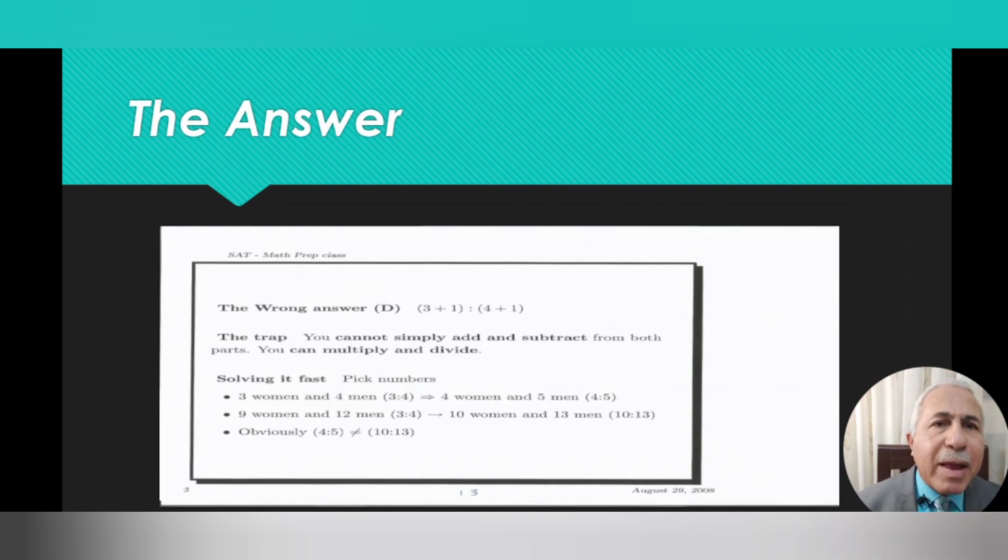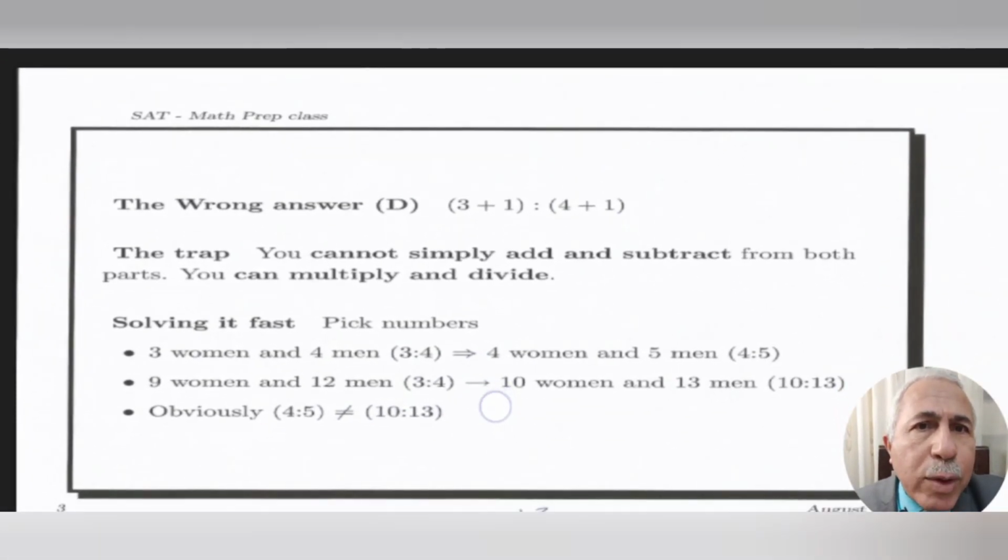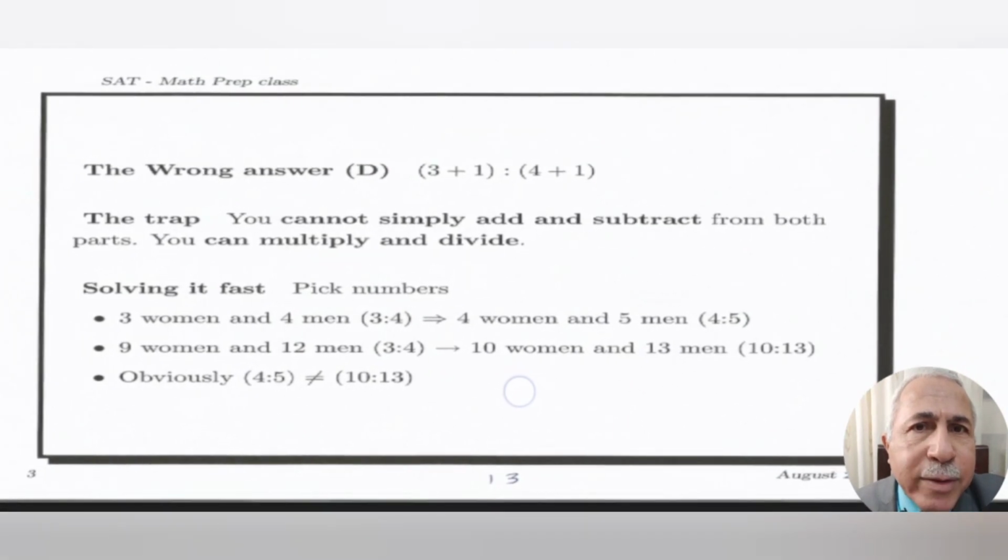So it will be 3 plus 1, which is 4, and 4 plus 1, which is 5. And this is wrong. Why wrong? I explained before: you can add or subtract only to quantities, but you cannot add or subtract to ratios. The trap is that you cannot simply add and subtract from both parts. You can multiply and divide.